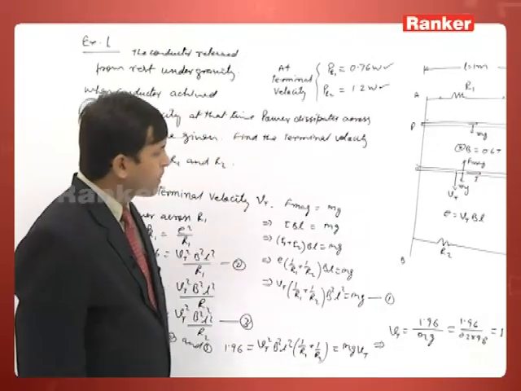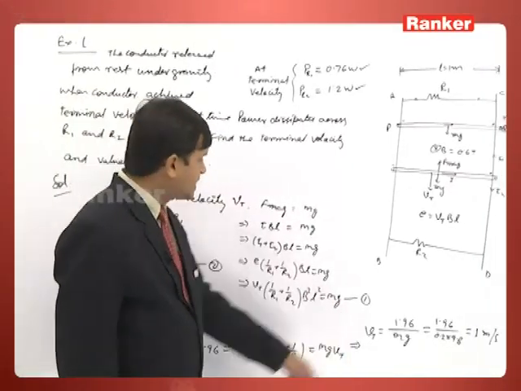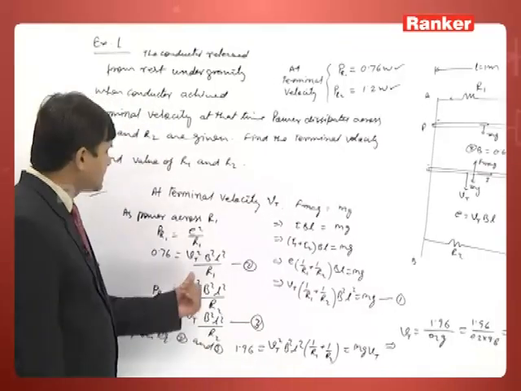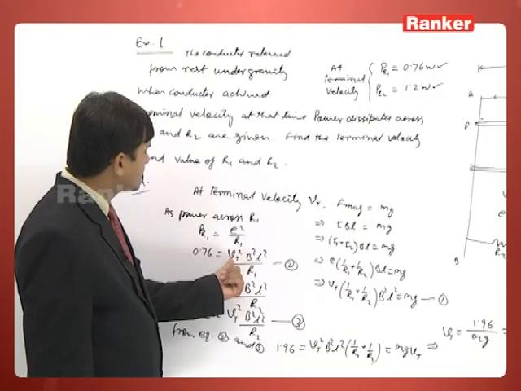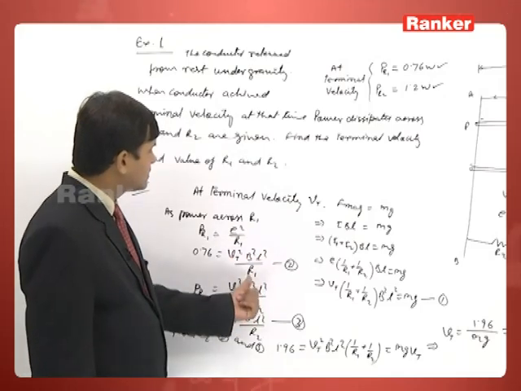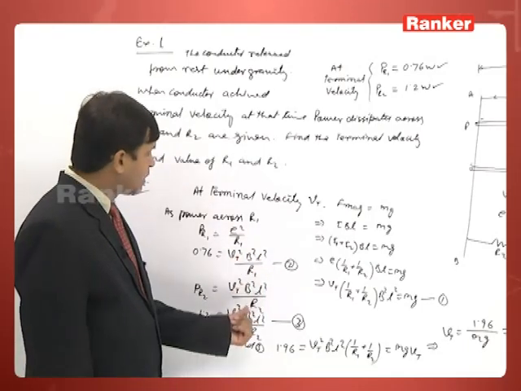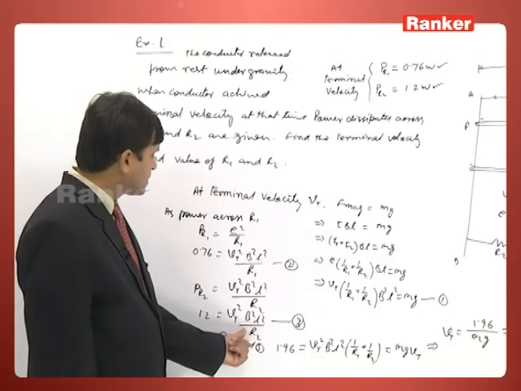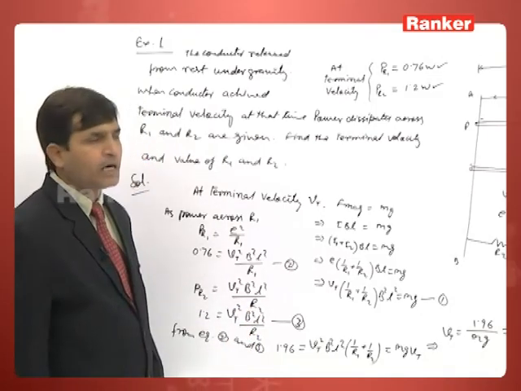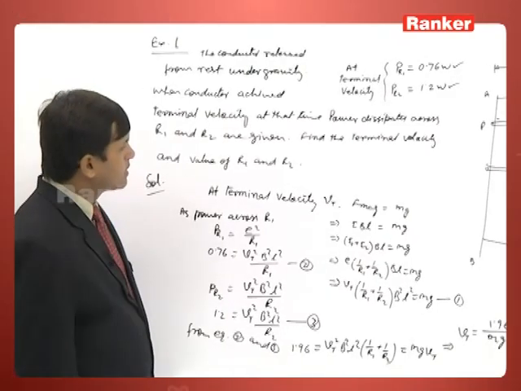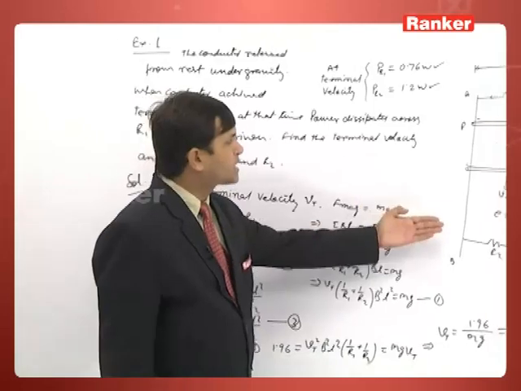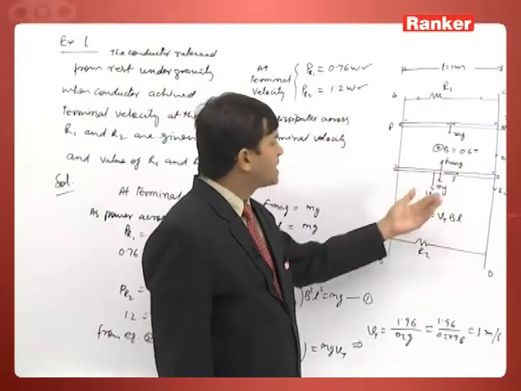So this is the speed unit, terminal velocity Vt. After getting terminal velocity, substitute the value of Vt in this equation, B and L are given, so we will get R1. And now we can substitute in this equation, we can get the value of R2. In this manner we can calculate all the values. So this is just an application of the mechanism of current.